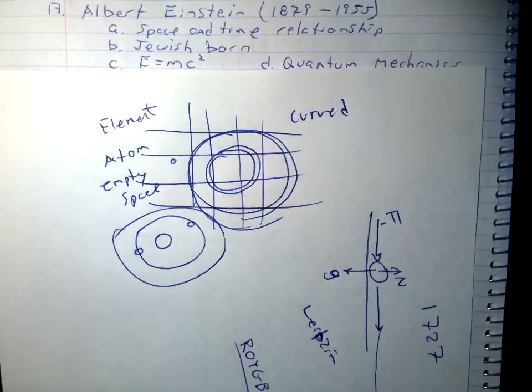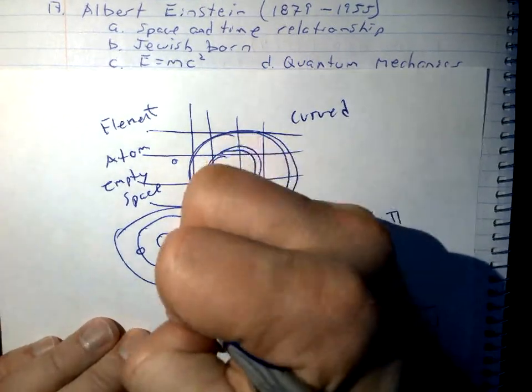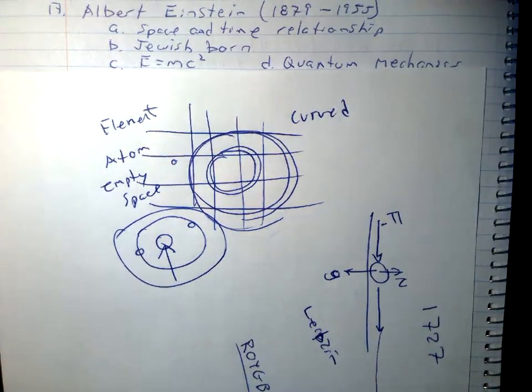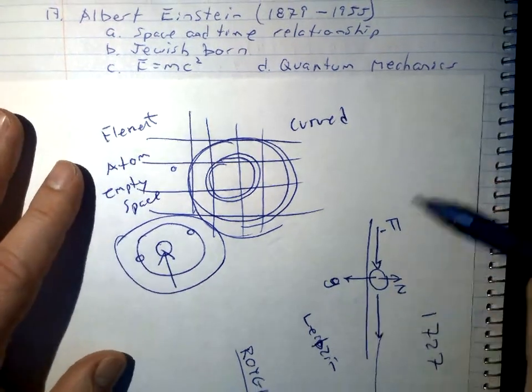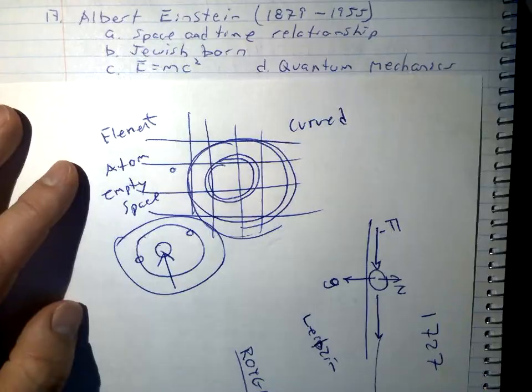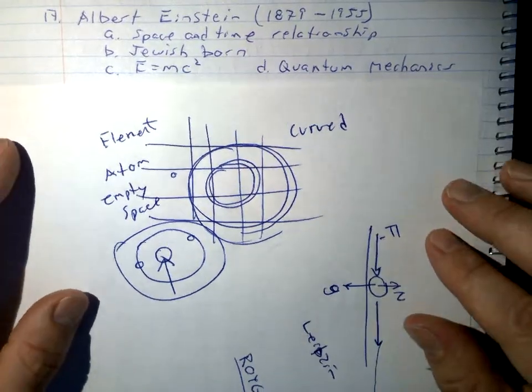Well, there are different kinds of atoms that emit radioactivity. And if you put more into the nucleus, it becomes unstable, and so it explodes. We'll talk about that later. He opened the door to quantum mechanics, which was big back in the space area.